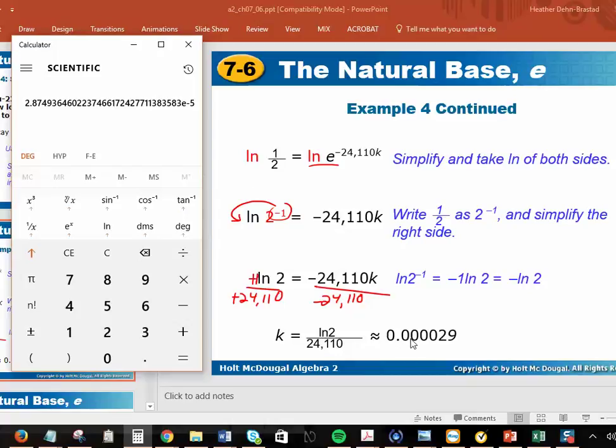So 1, 2, 3, 4, 5, and that's where the decimal would go. So this was really 0.0000287493. Not all calculators will show it that way, but do check at the back if it has something like that.